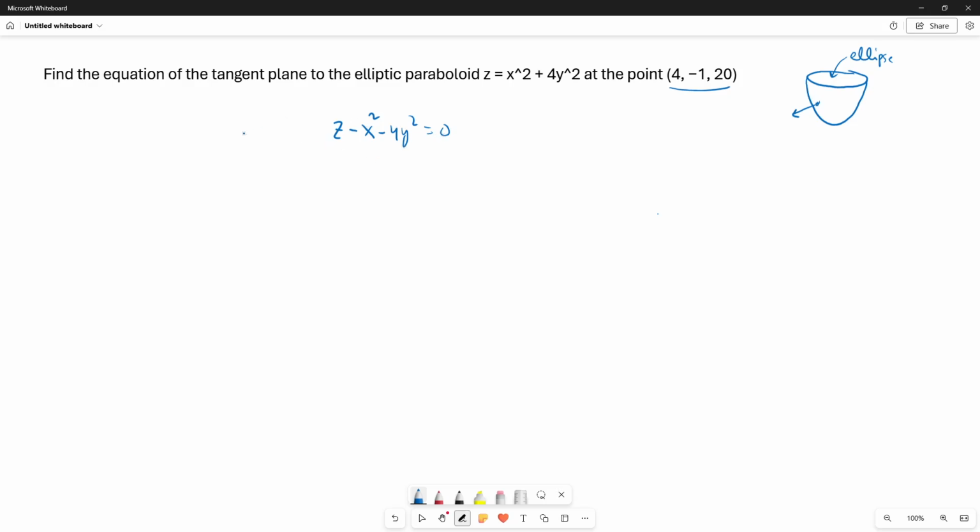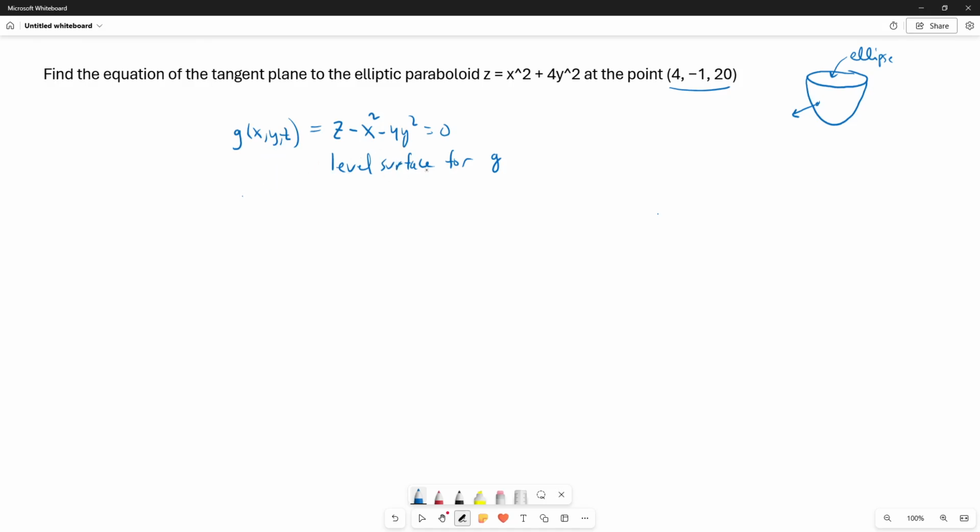And the left side of this equation is a function of three variables. So we have a function of three variables equal to a constant, and that makes the graph of this equation a level surface for the function g at the height 0.